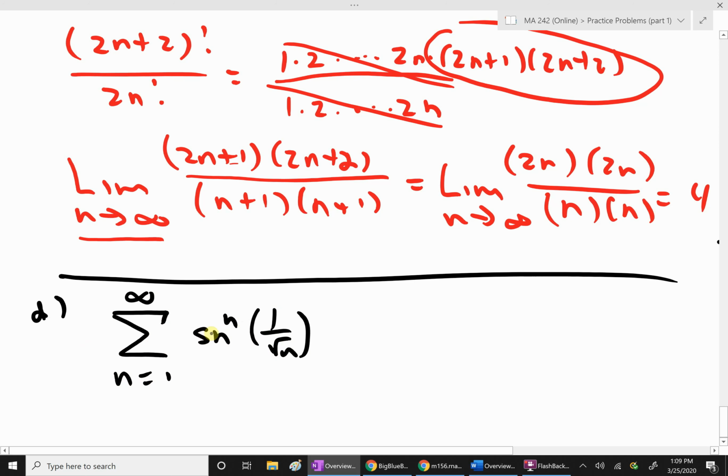That's sine, by the way. Does this converge?